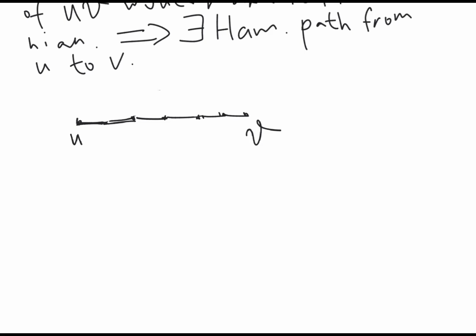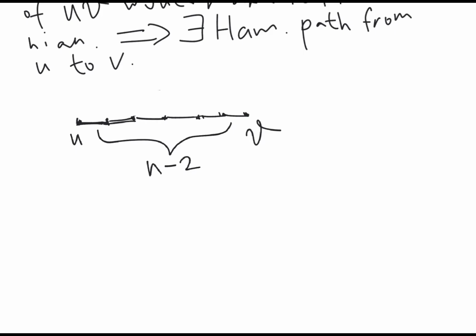So now we notice that. How many vertices are here? In total we have n vertices. Two vertices u and v are special, from which we started, and it remains n minus 2 vertices.